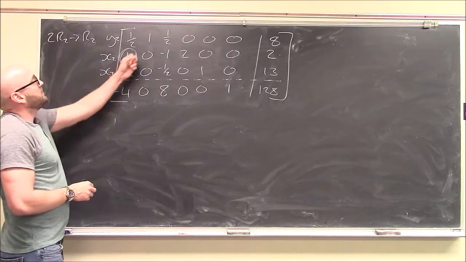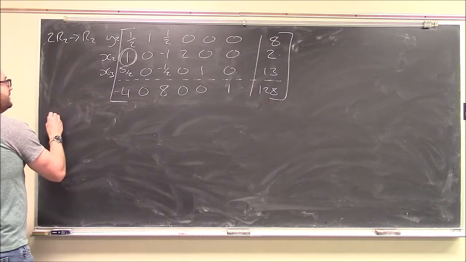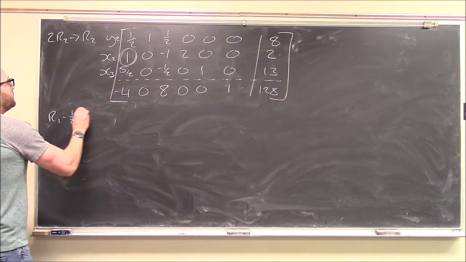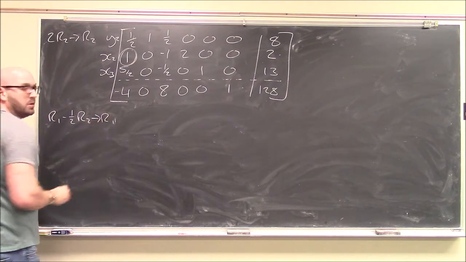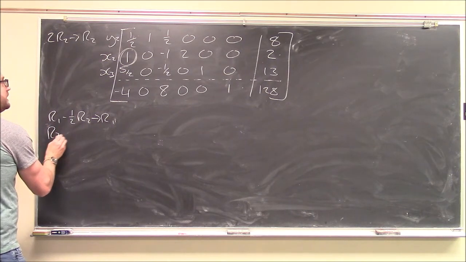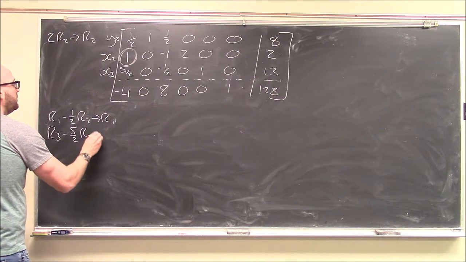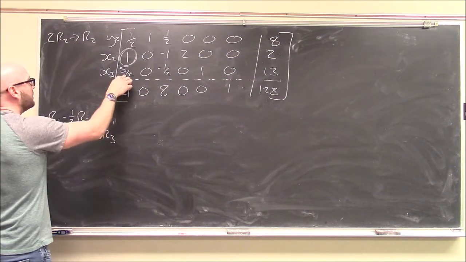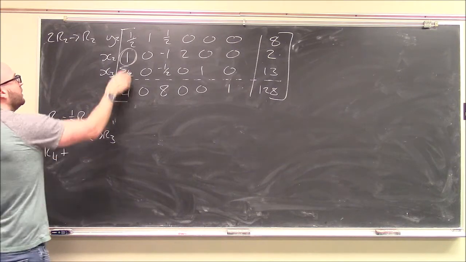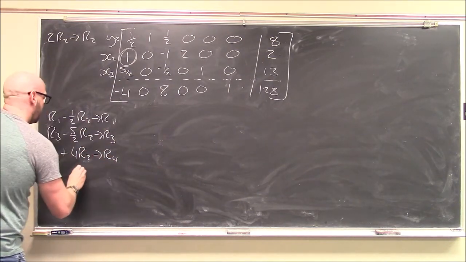Okay, so now we have to zero out everything in this column. We're going to do row 1 minus 1/2 of row 2 becomes our new row 1. We're going to do row 3 minus 5/2 of row 2 becomes our new row 3, to put a 0 here. And we're going to do row 4 plus 4 times row 2 becomes our new row 4.